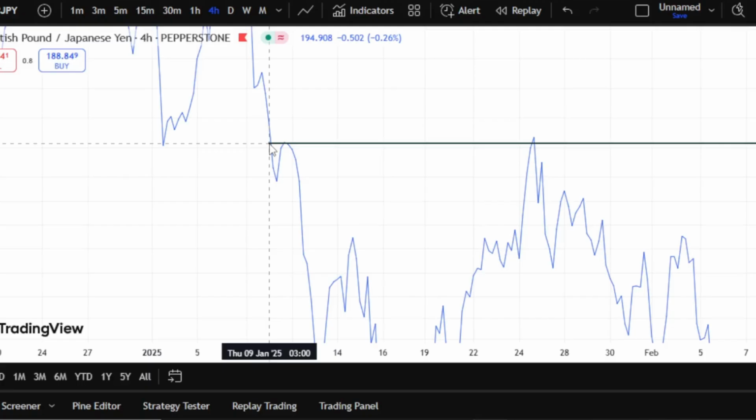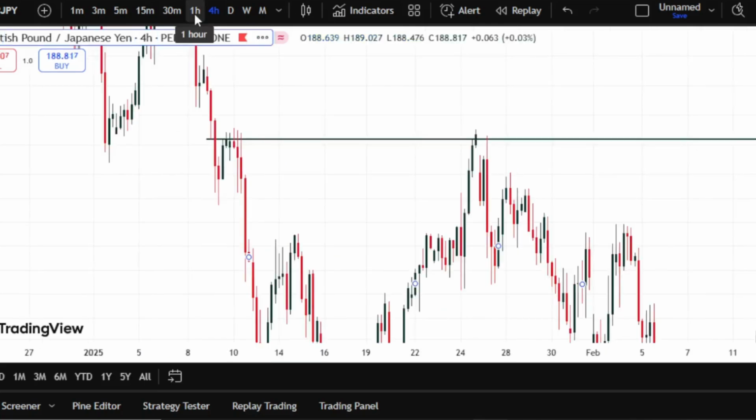Yeah, this is the opening of a candle, a new day. Yes. So such a candle makes this. But you see, immediately after this happened, the price rejected the spot and kept going down. So all the levels are equally important.